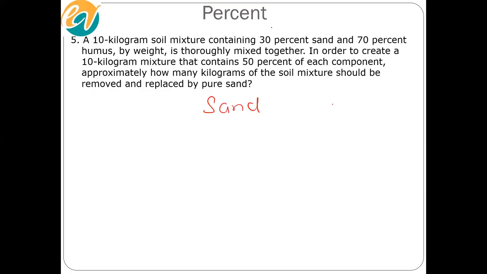Since we have a total of 10 kg, how much is sand? 30%, right? So basically 3 kgs of sand and 7 kgs of humus, right?